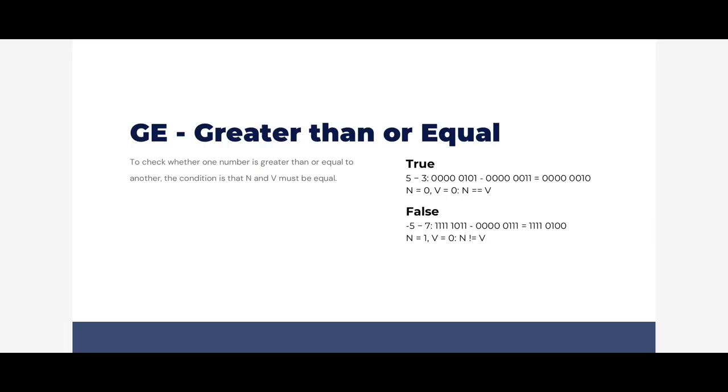Here the negative flag is 1, but the overflow flag is 0, because in the overflow case we have to go from 0 to 1 as the most significant bit. But in this case, the most significant bit of -5 was 1, and after subtraction it's still 1, and it doesn't cause overflow. And in this case there is no equality, and it means this condition is false. -5 is not greater than 7.